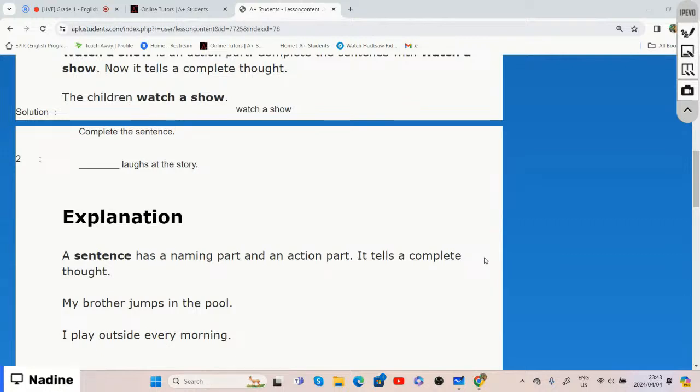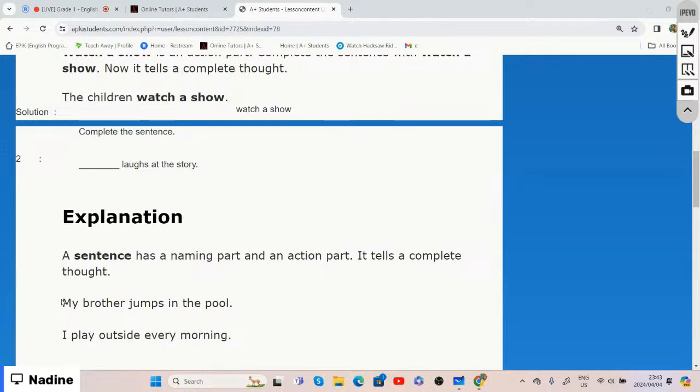And if we were to complete the sentence, something is missing, a subject is missing. It says laughs at the story. Then if we look at the complete sentence, we can even just say Emma, we can choose a name, and we can say Emma laughs at the story.